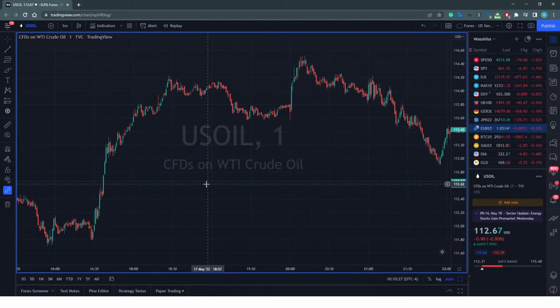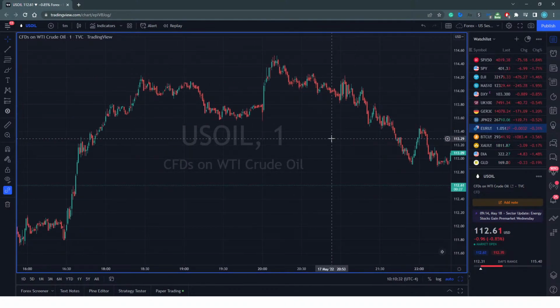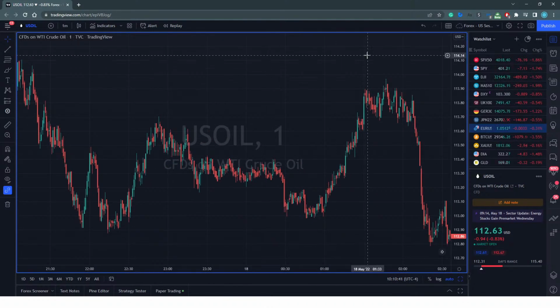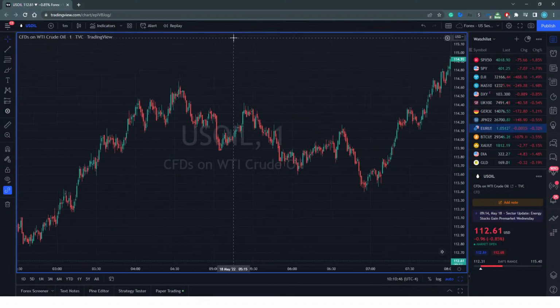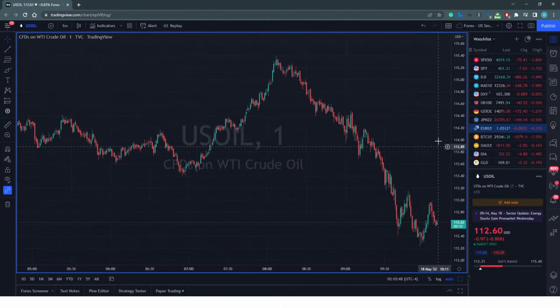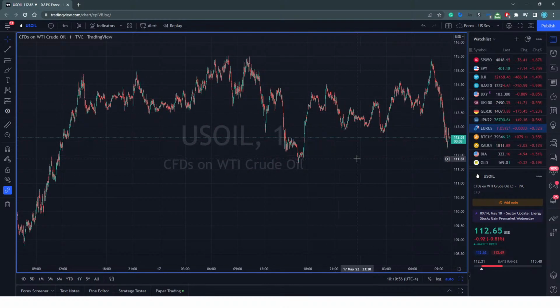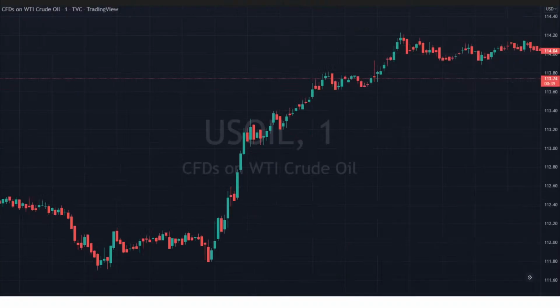So could that mean that, regardless of whether it's a draw or build, we will get a stronger reaction to today's EIA inventories data compared to what we've seen previously? That's yet to be seen. At the moment we're currently down about 0.8 on the day so far, still above $100 and around $112 a barrel WTI.